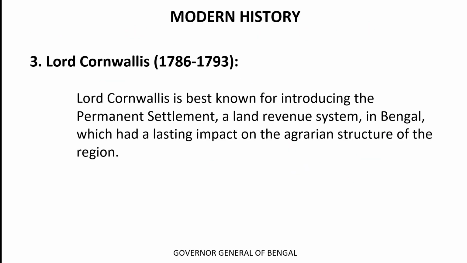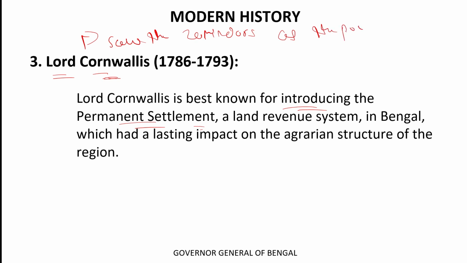Now let's move forward. Now we have Lord Cornwallis. Lord Cornwallis was famously known for the permanent settlement, which is about land revenue. Basically, when he came to Bengal, he saw the zamindars as powerful figures.